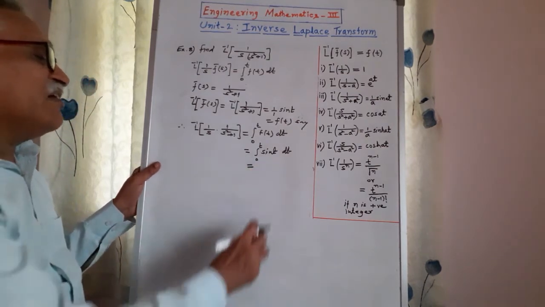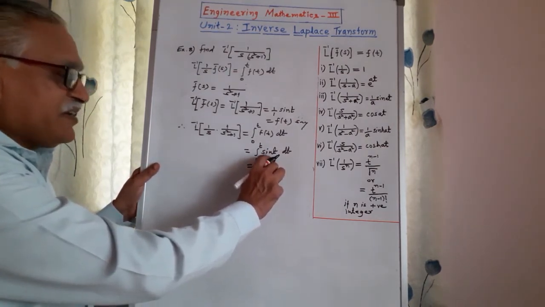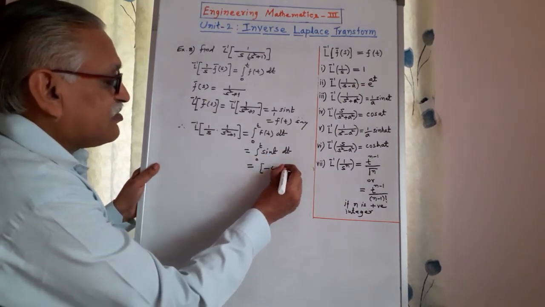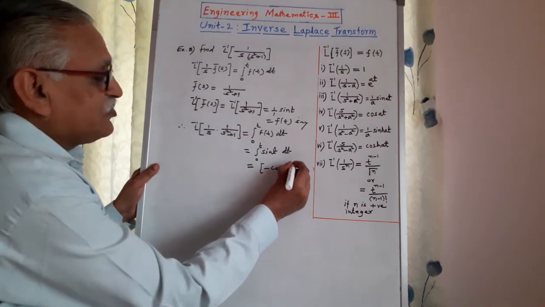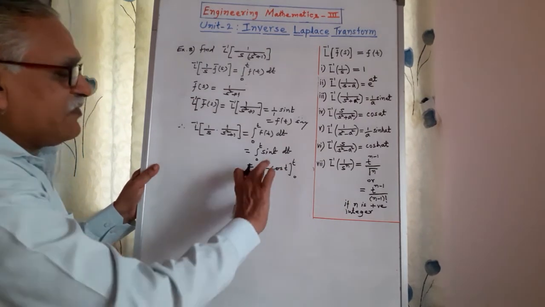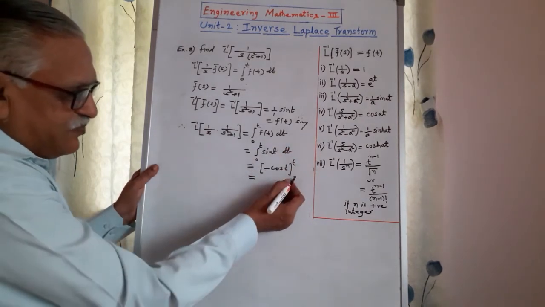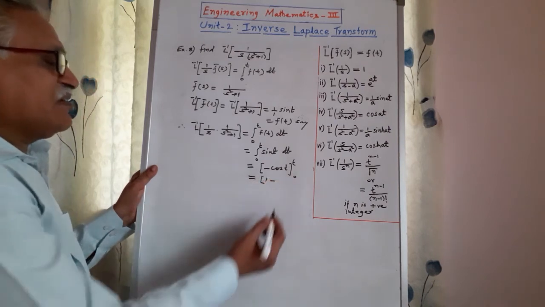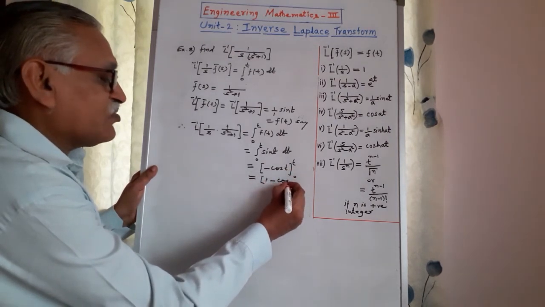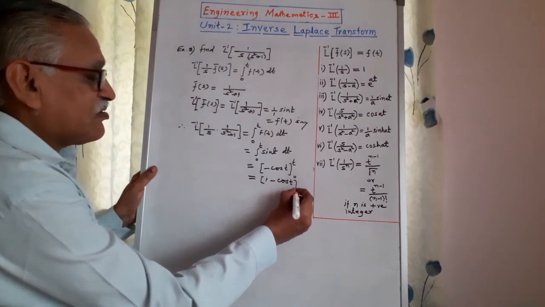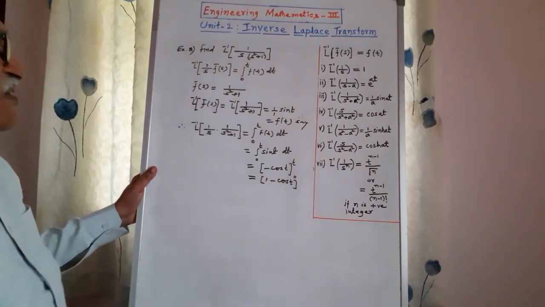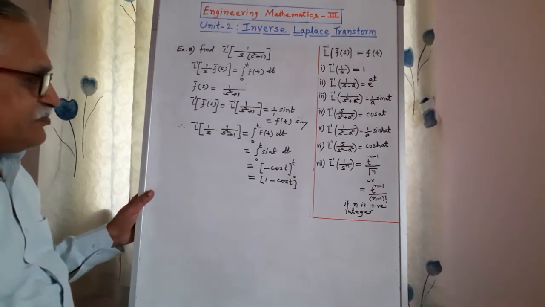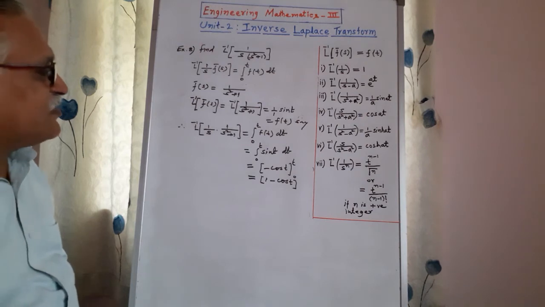Performing integration with respect to t, integration of sin t is minus cos t, with limits from 0 to t. I will cancel that minus by changing the limits, so this becomes upper, this becomes lower. Cos of 0 is 1, so we get 1 minus cos t. Okay, this is the required inverse Laplace transform.